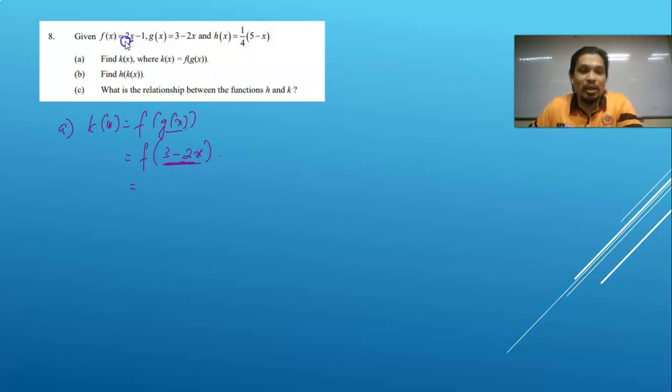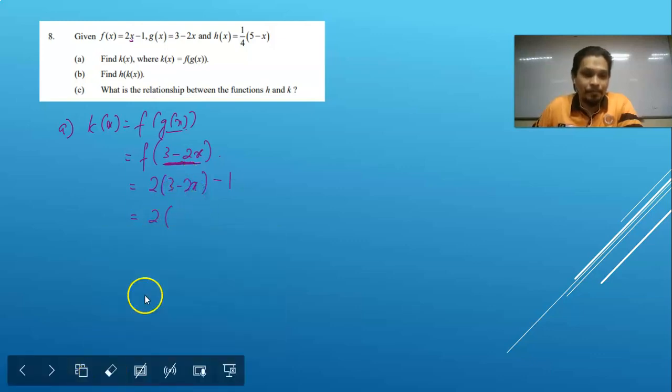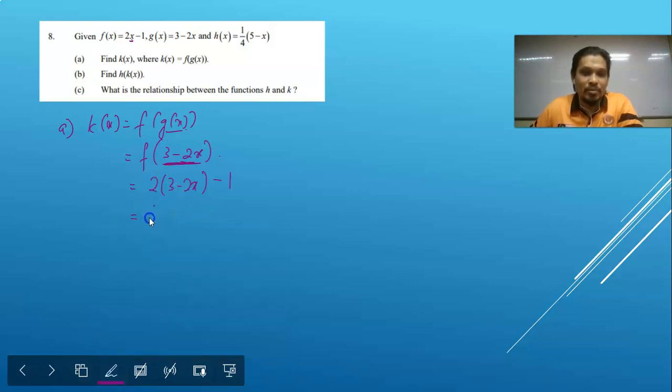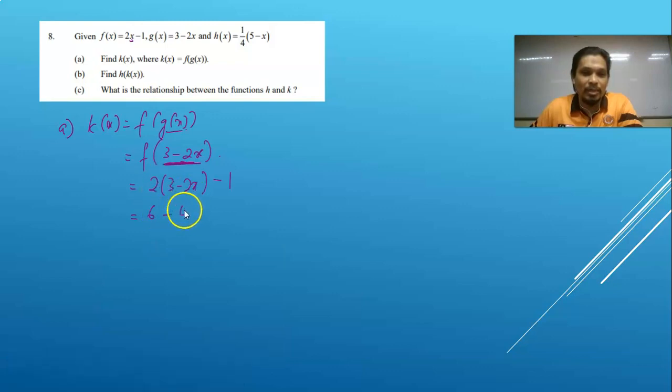So, a function of f(x), 2x minus 1. So, just imagine that we make a space for x here, 2x minus 1. So then, this is 3 minus 2x, okay. So 2 times 3 equal to 6, 2 times -2x, minus 4x minus 1. So then -4x, 6 minus 1 equal to 5.